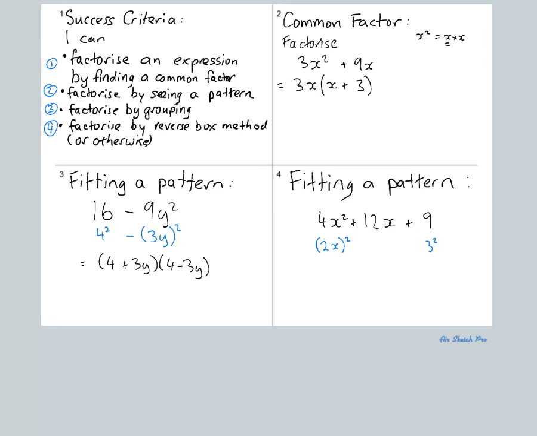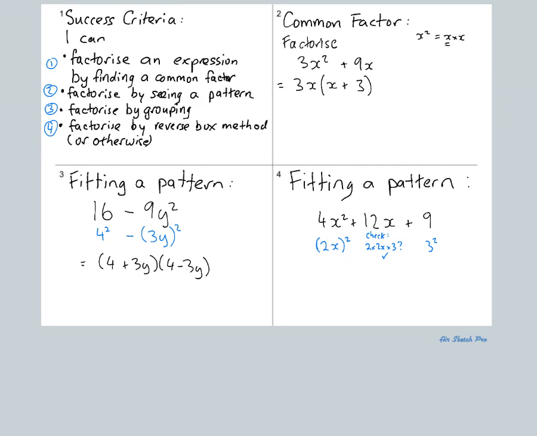And what I want to do is check: is 12x twice a, 2x, times b, 2 times 2 is 4, 4 times 3 is 12. So yeah, I have 12x in the middle.